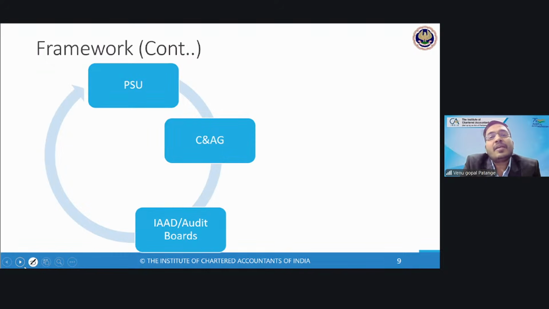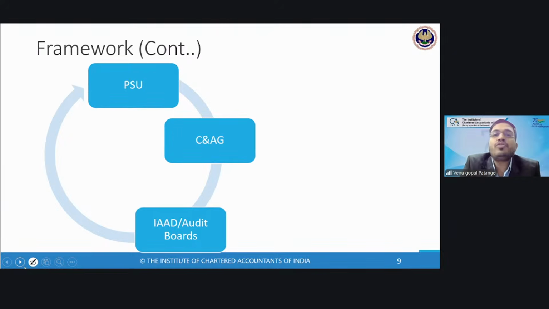Again, subcommittees or another set of people who report to IAAD, and IAAD in turn reports to C&AG. These audit boards can go to multiple departments and do audit. They don't have any legal setup or legal entity concept. So they don't have any legal recognition.